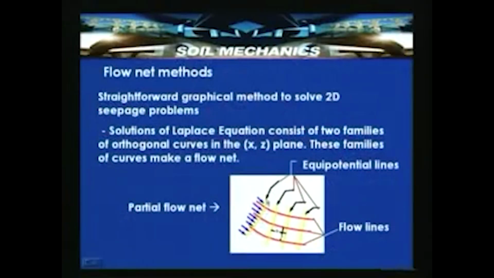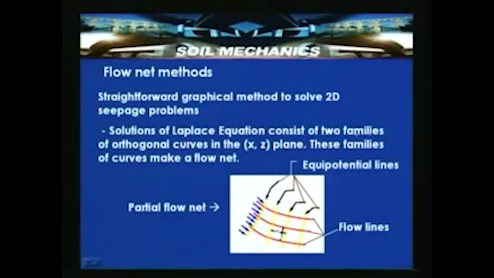And an equipotential line indicates that in the direction of the flow, if you measure the head, it will be the same at each and every point on this line. So, the lines which have equal potential, equal head, are defined as equipotential lines.